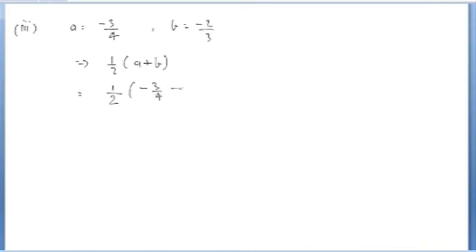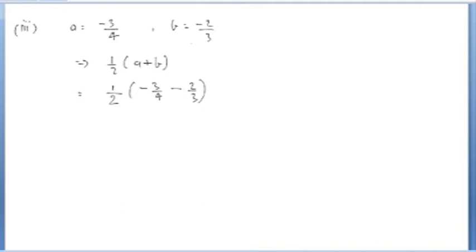Now the next question, third. I will do the third question and the fourth question you have to do. Question number third: A is equal to minus 3 by 4 and B is equal to minus 2 by 3. So the rational number will be 1 by 2 (A plus B), 1 by 2 times (minus 3 by 4 minus 2 by 3).